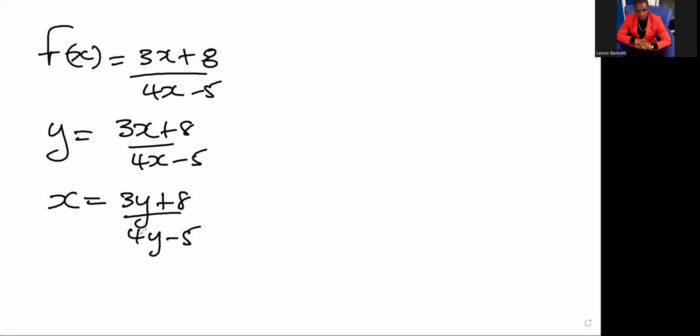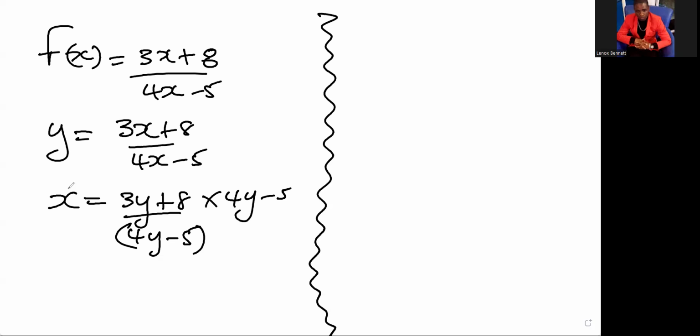So what we're going to do, basically just multiply by all of this, because we don't want the denominator. Let me just draw a line here. All right, so we multiply by this. Remember the rules, anything you do for one side, you have to do for the next side.